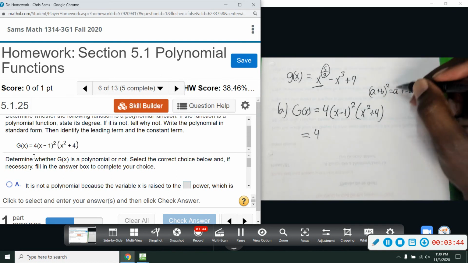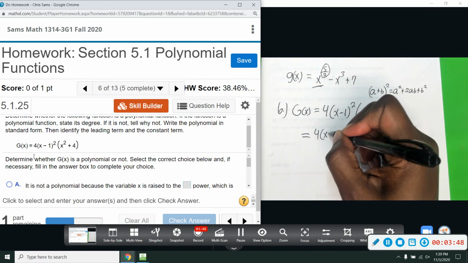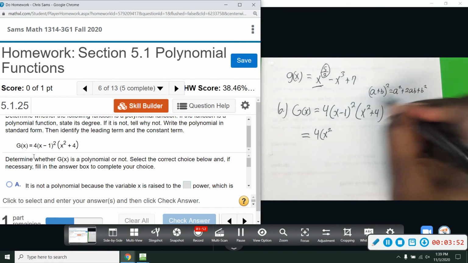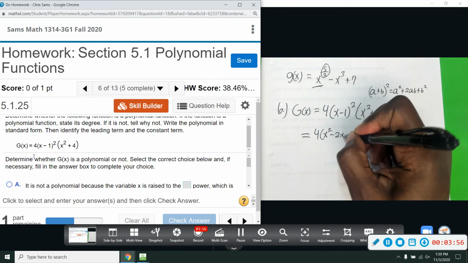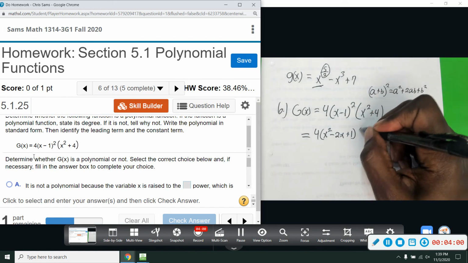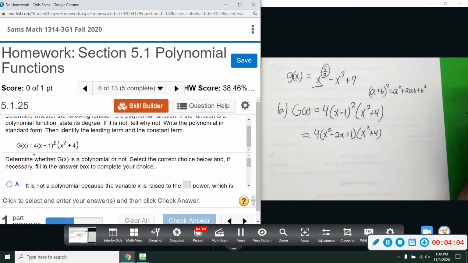So you can square any binomial by following that. So x squared, negative 1 times x is negative 1x, but you have to double it because you have 2 of them, negative 2x. Square negative 1 gives you a positive 1. And then x squared plus 4.